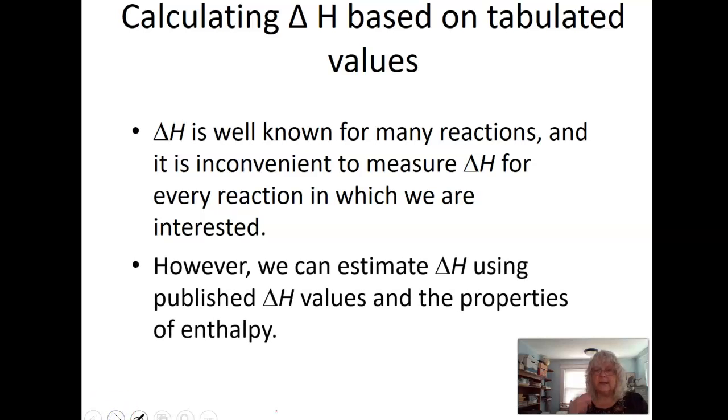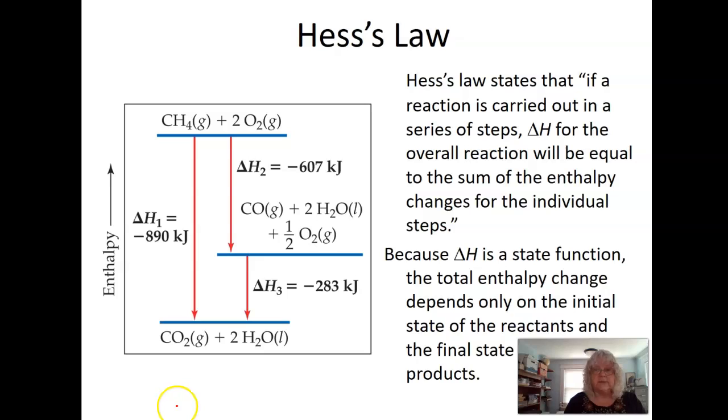So we can calculate delta H by using published values. We do that using what we refer to as Hess's law. Hess's law says that if a reaction is carried out in a sequence of steps, delta H for the overall reaction is the same as it would be if I carried the reaction out in individual steps. This is again because delta H is a state function.